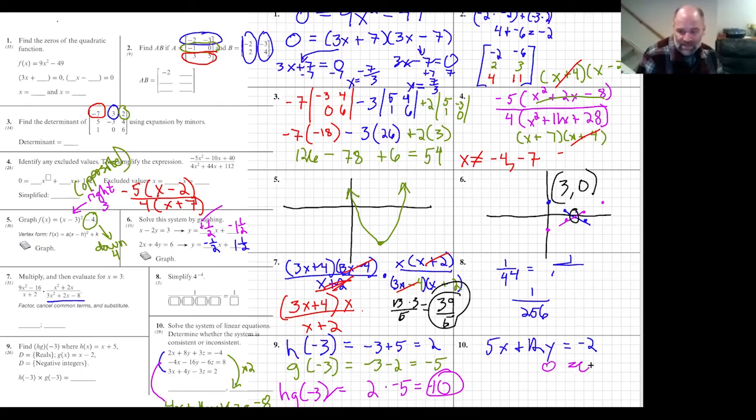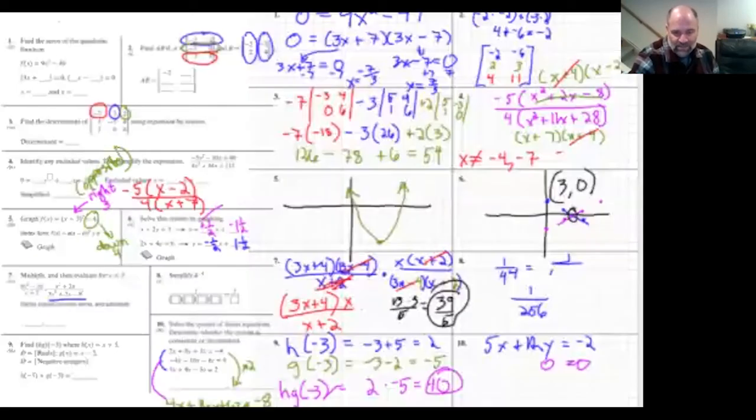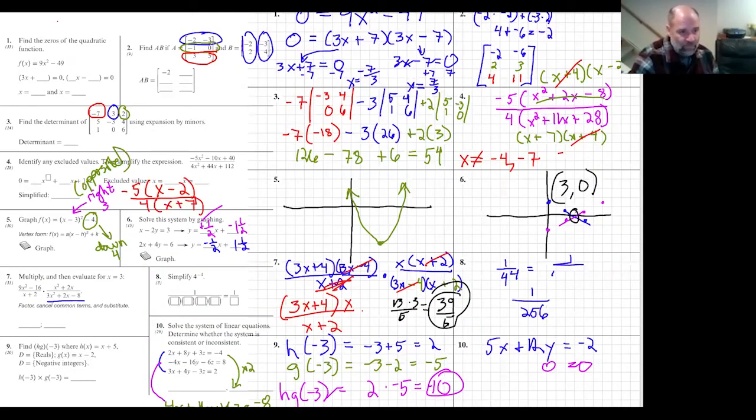So what does that tell you? You guys remember what that means? Inconsistent. Inconsistent, that's right. Okay, well, let me correct that. It's not a good one, but it is consistent because it's 0 equals 0.